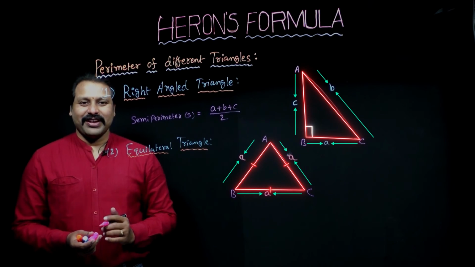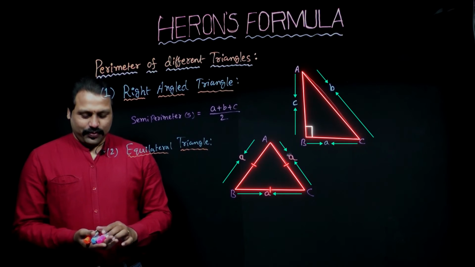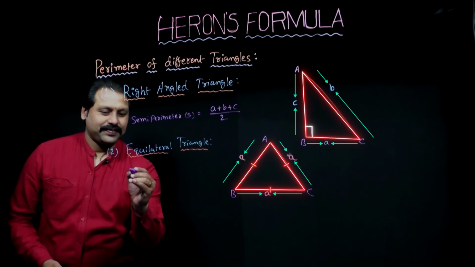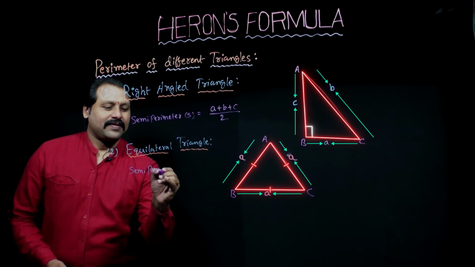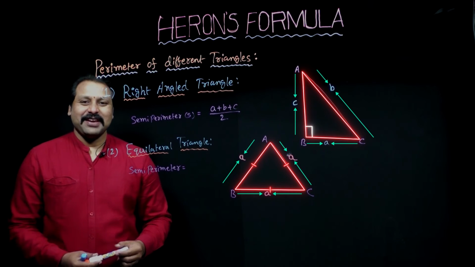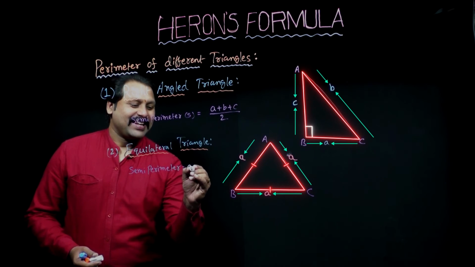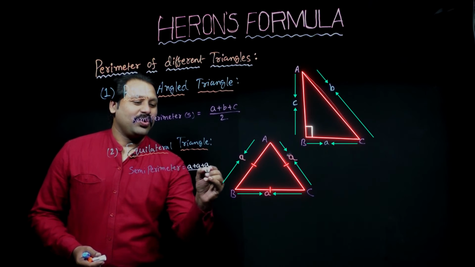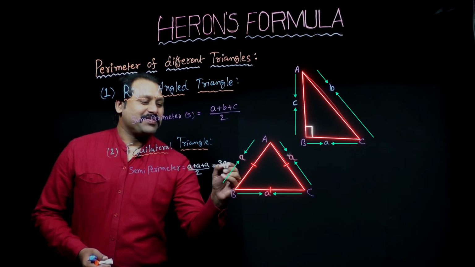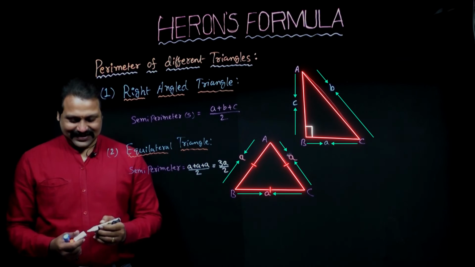Now this is an equilateral triangle. So the semi-perimeter is going to be (a plus a plus a) whole divided by 2. It gives 3 times a by 2.